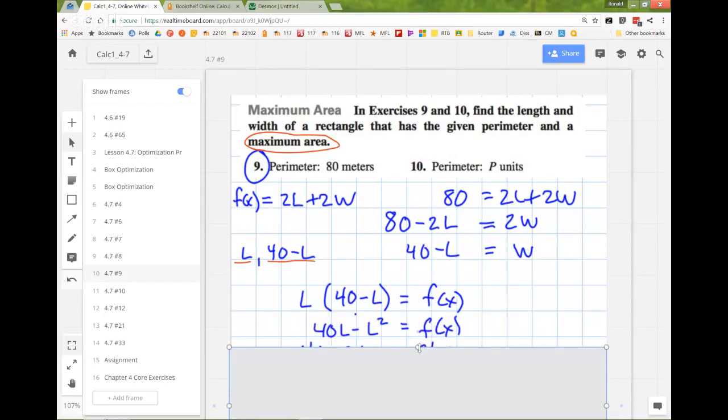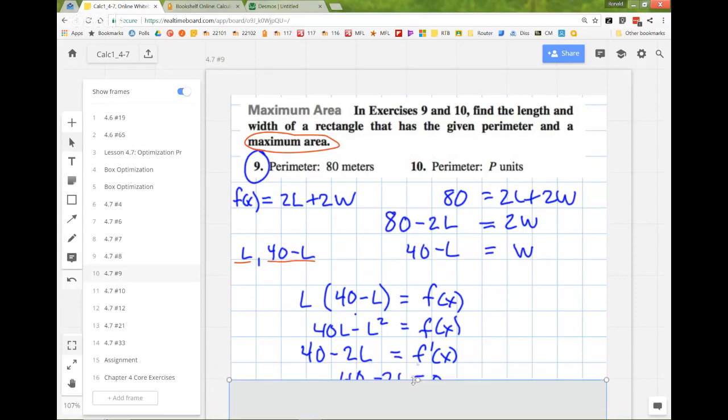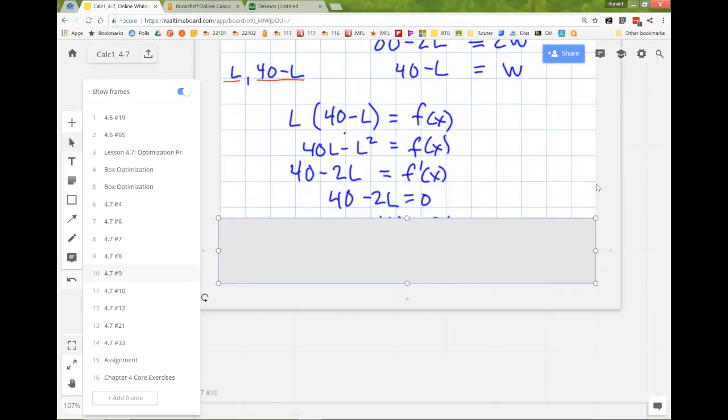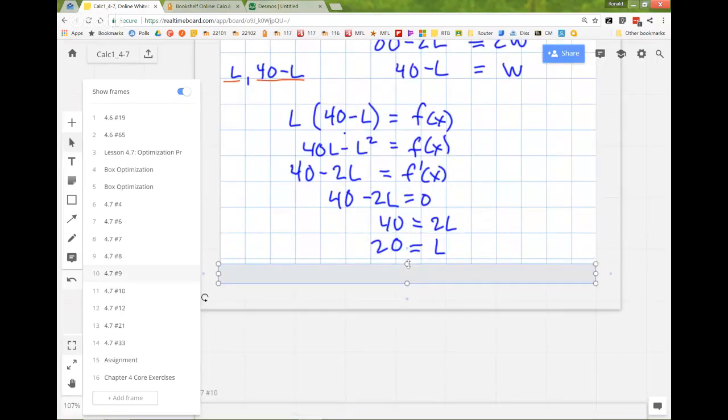Okay, multiply that out, we got our area: 40L minus L squared. Now, you know by now, if we're going to find the maximum, we got to take the derivative. Very easy derivative, set the derivative equal to 0. And then we should be able to, with a little bit of algebra, solve for L.